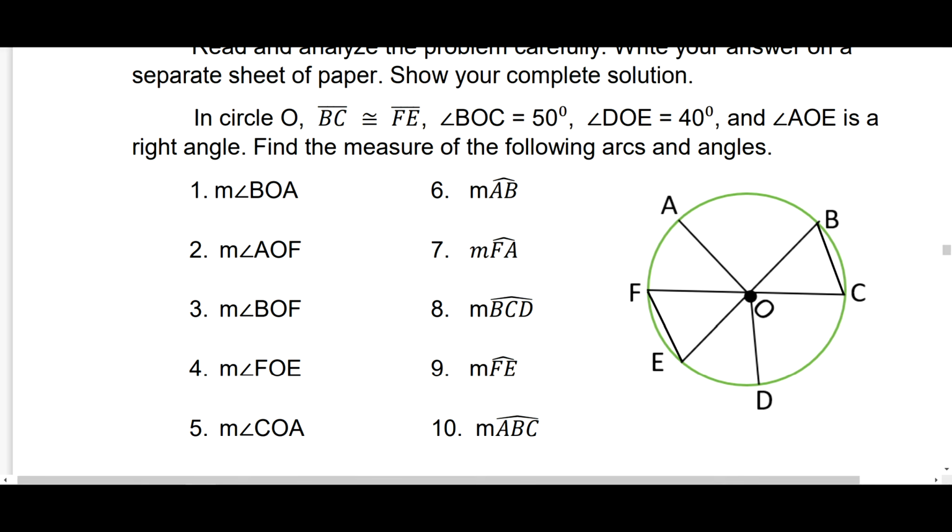Sample ito, if BC is congruent to FE, angle BOC is 50, angle DOE is 40, and AOE is a right triangle.